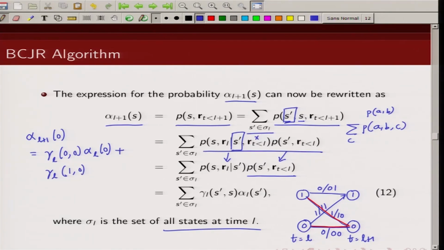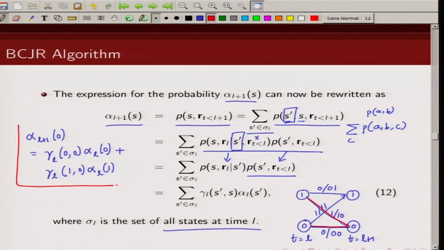Gamma L 1 0 is the gamma corresponding to this transition when the initial state is 1 and the next state is 0, multiplied by alpha at time L belonging to state 1. Okay. So, alpha L plus 1 at 0 can be written like this.